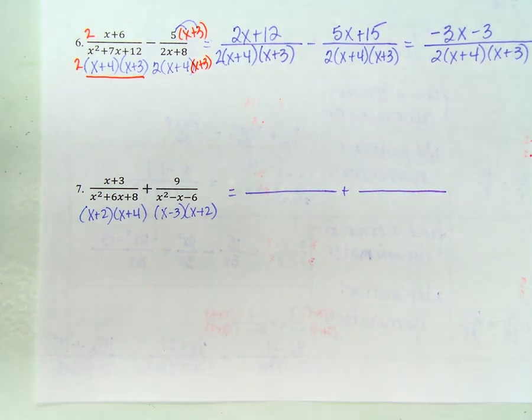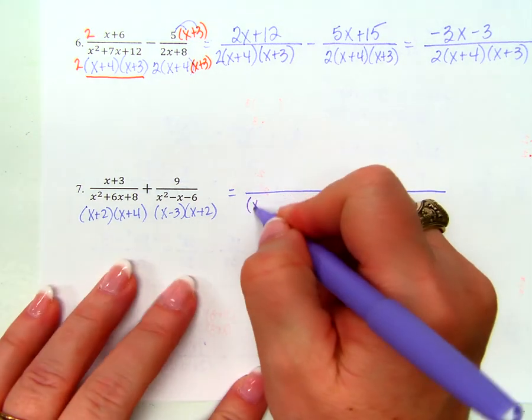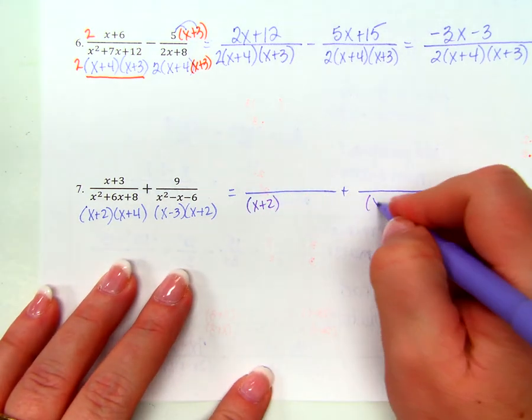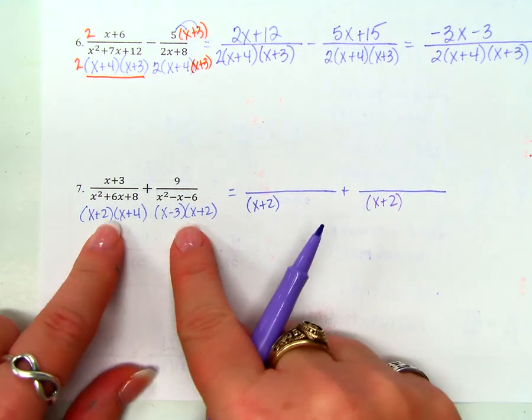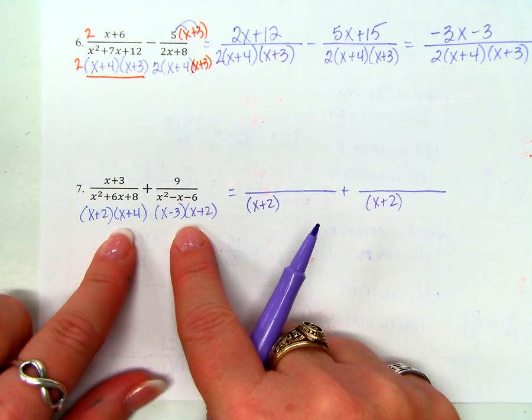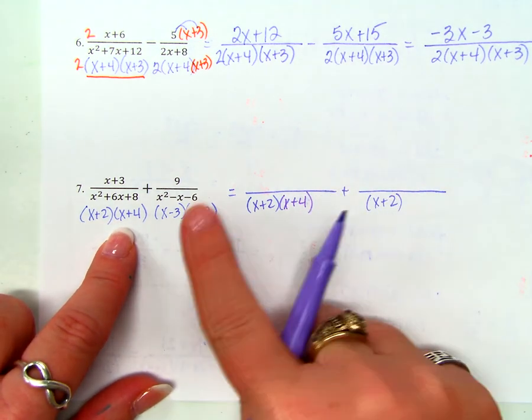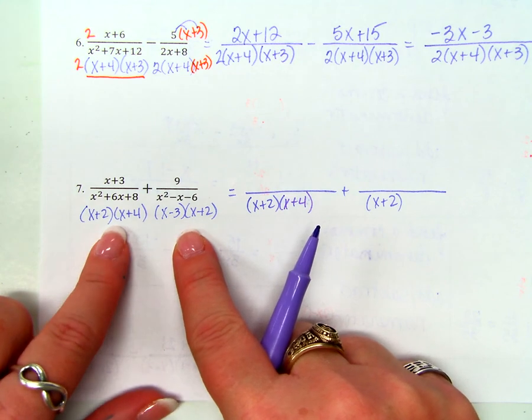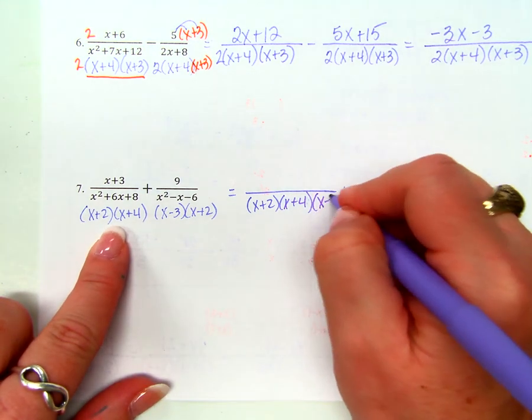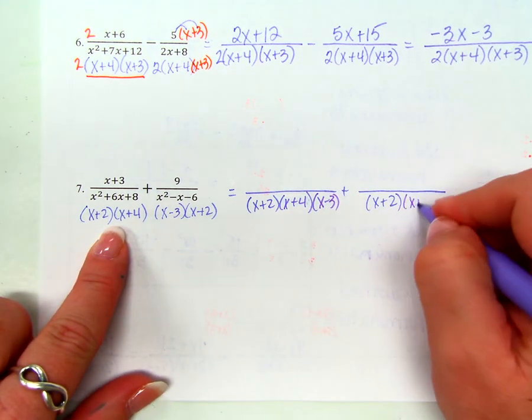So, do they share any common factors? X plus 2, so that has to be part of my common denominator. Does the first one have one that the second one doesn't? Then that one has to be part of my common one. Does the second have one that the first one doesn't? And then that one has to be part of my common denominator.